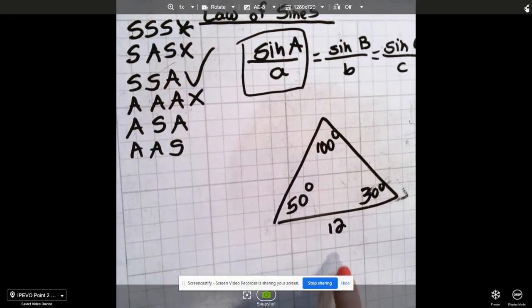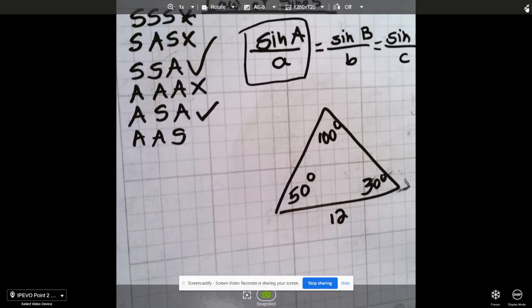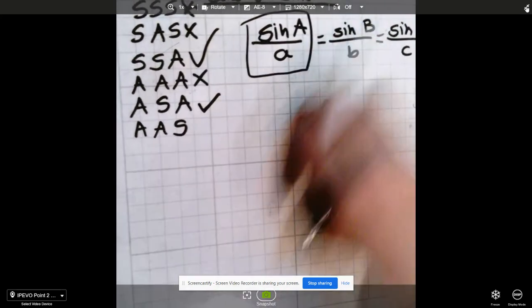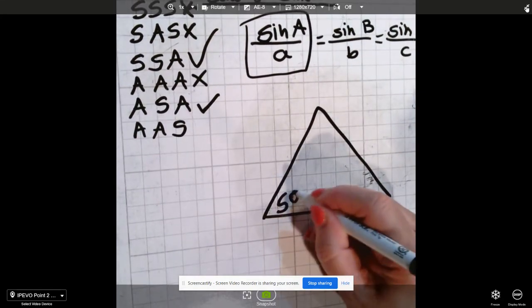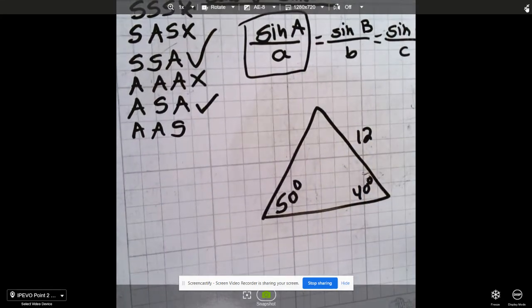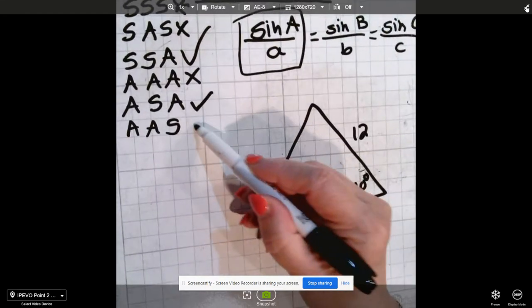So now I do have an angle and the side opposite. So angle, side, angle would work, but you do have to do that one little step with finding the third angle. And let's try angle, angle, side. If I had 50 degrees and 40 degrees and 12, at least I have one angle and one side, so this would work as well.